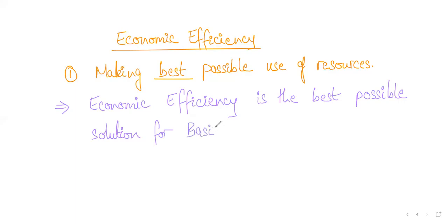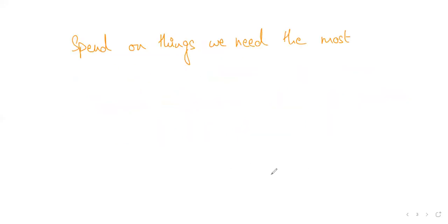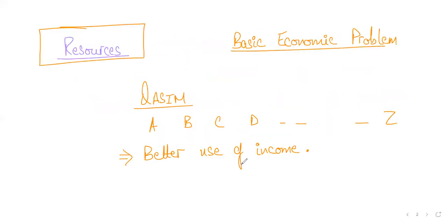Okay, now Preet, think about this. The basic economic problem is present in every country in the world and for every individual, and you can't really solve it. You can't have enough resources to satisfy all the needs and wants that you have. So there will never be a point in time in any individual's life or in any country's life when it would be able to satisfy all of its needs and wants.